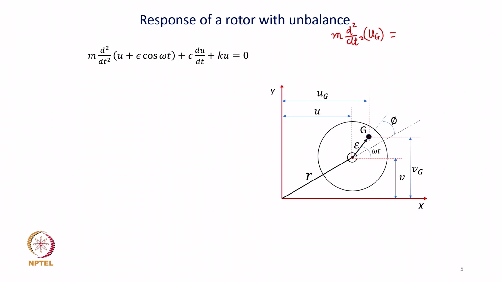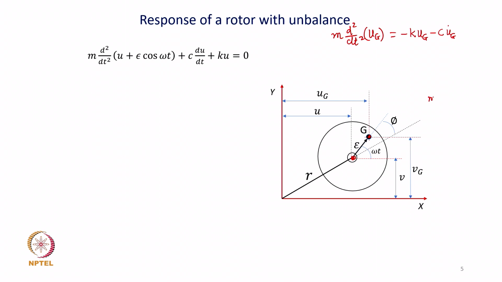Now, what are the forces which are going to act? We are talking about the acceleration of the mass center, but is the disc getting restored to its bearing axis position by minus k times ug, and the dissipating force as minus c times ug dot?